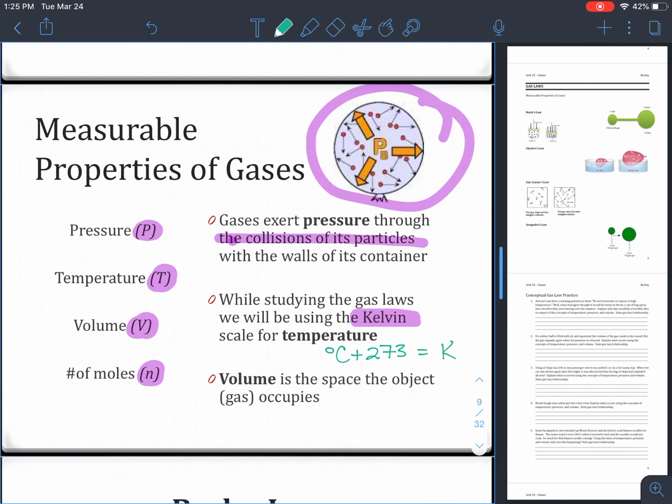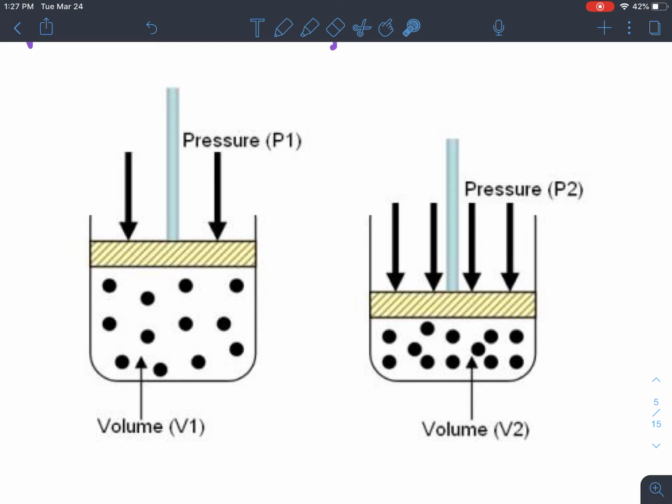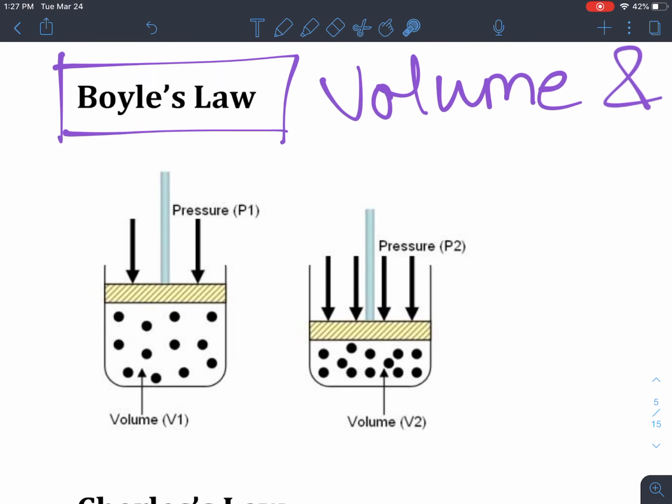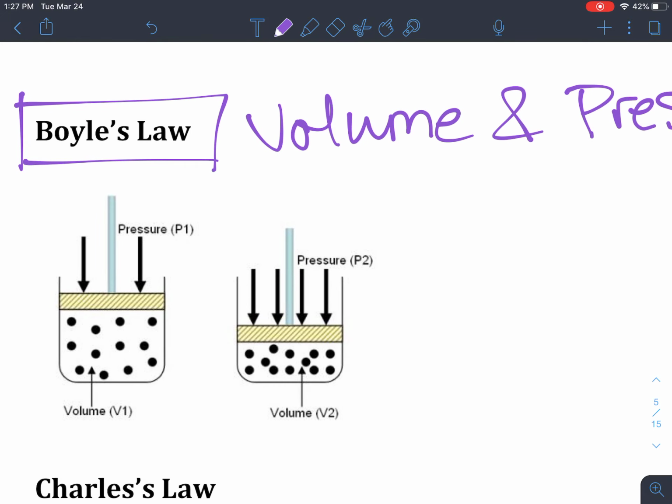It's going to be harder to push down. What's happening is that as you decrease the volume, the pressure within the container is increasing. And this is the relationship between volume and pressure. So I'd like you guys to write that down. As you decrease the volume, there's going to be an increased pressure.